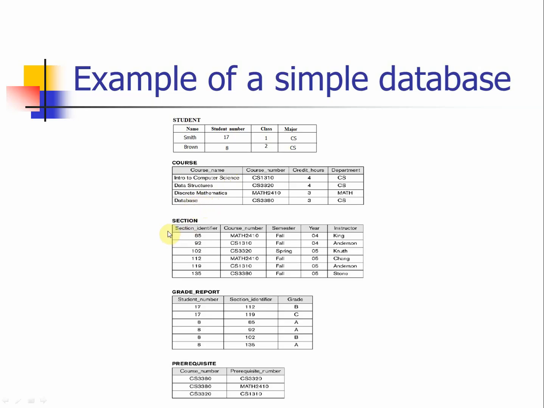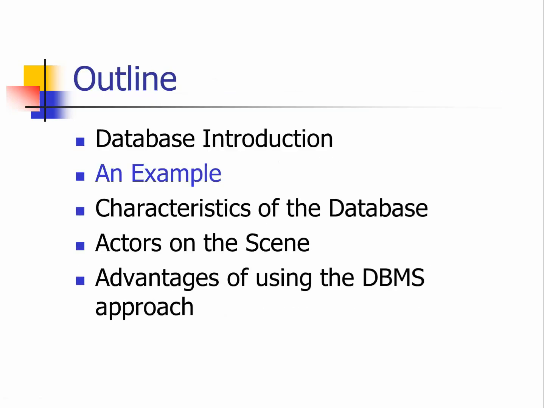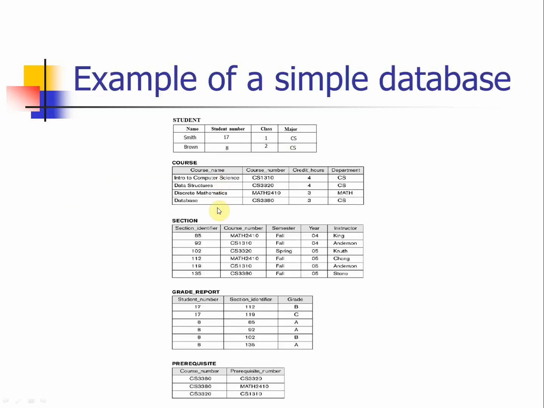The next table is section. For humans, we can actually understand what this means. If we look into the very first section, section identifier 85, it is associated with Math 2410. Immediately, you will reference the previous table to see that Math 2410 is actually a discrete math class, so you form linkages between this table and that table.